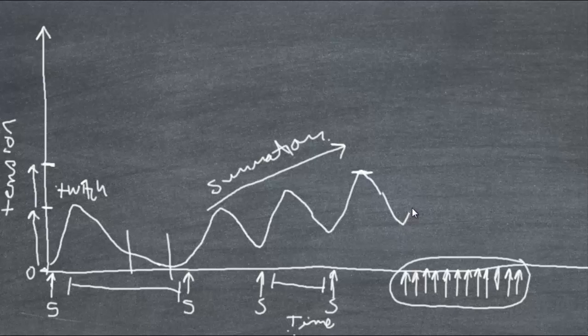It's going to decay a little bit, but then it's going to shoot up, and it's going to reach this maximum. And you can see now we're generating the most force out of any of those coding patterns. So the frequency of stimulation, or the rate coding as we call it, is going to cause a change in the tension in the muscle.